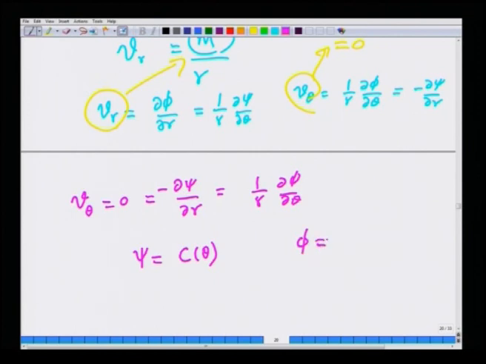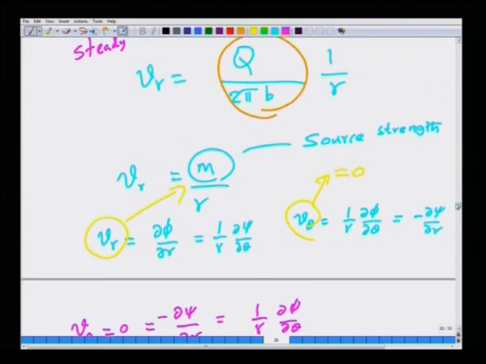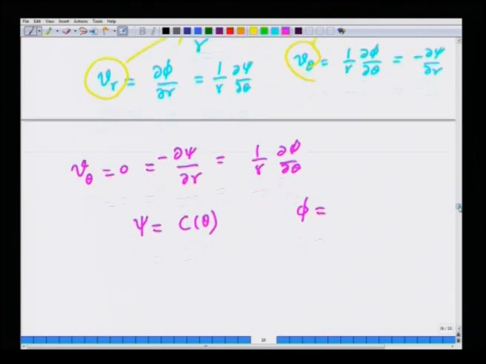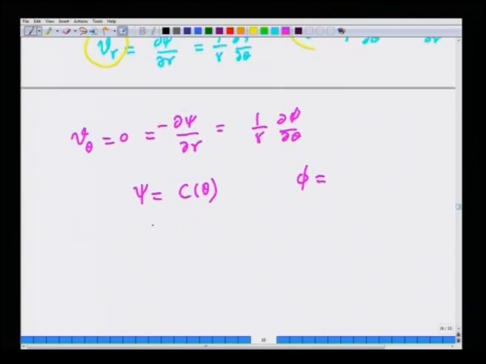Here m is 2 pi times b. So, 1 over r partial phi by partial theta is 0, which means phi is a constant d, which is a function of r. So, partial phi by partial theta is 0. If you integrate partially with respect to r, this is what you will get. Partially with respect to theta, you will get a constant that is a function only of r.